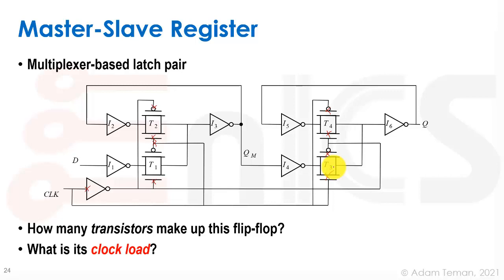And remember that the clock keeps on toggling. It's going up and down with a very high activity rate, maybe an activity rate of 1 if we don't use all kinds of clock gating techniques. So this is going to be using a lot of energy, and it also loads our clock, so we have to use bigger drivers, because we're going to have thousands and even hundreds of thousands of these flip-flops in our design, and they all need to be driven by some sort of a clock tree or something like that.